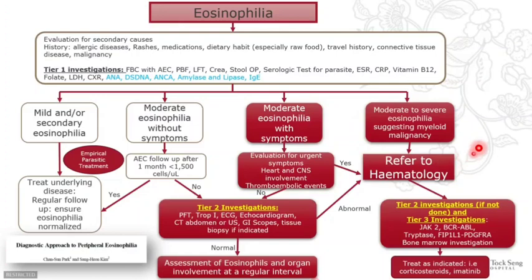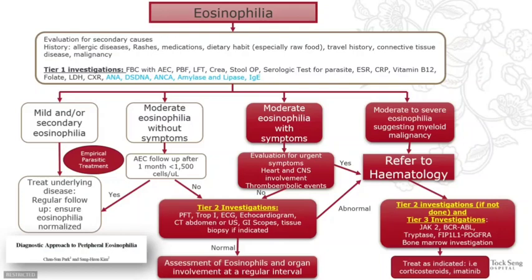But if the patient has moderate to severe eosinophilia suggesting a myeloid malignancy, then of course refer also to us, and we will do tier 2 investigations. If it is not done, we have to look for any organ involvement of eosinophilia and also do our tier 3 investigation. Then we will treat as indicated depending on the underlying hematological malignancy.